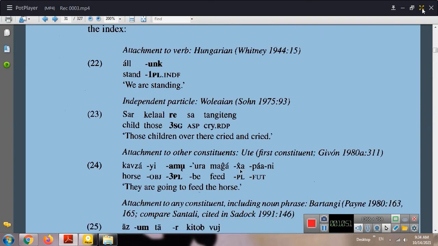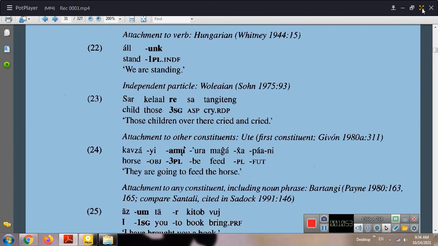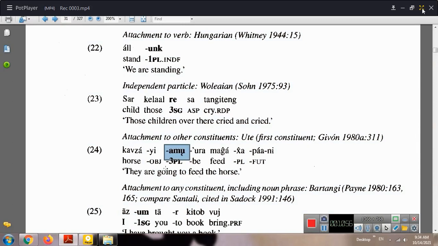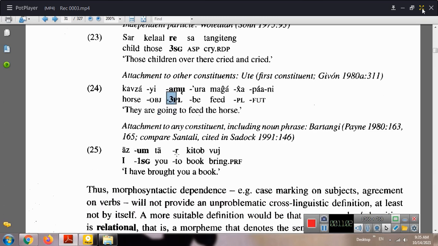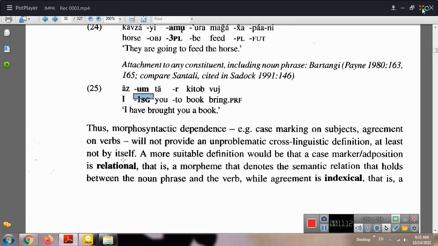Attachment to the other constituent, like here, shows third person plural. Attachment to any constituent including the noun phrase, which you can see here, shows the first person singular, attached to the subject, the pronoun.